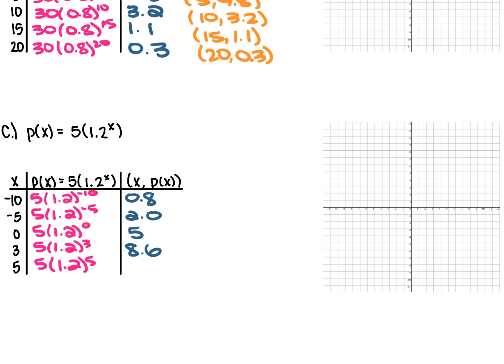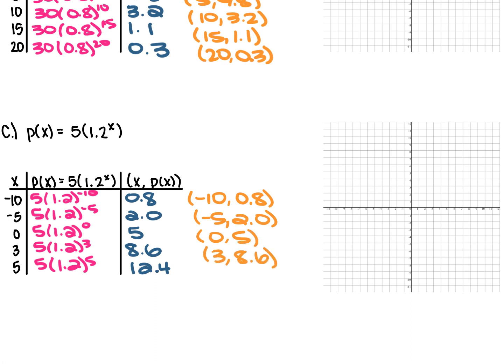And 5 times 1.2 to the 5th power is 12.4. So we have ordered pairs here of -10, 0.8, -5, 2.0, 0, 5, 3, 8.6, and 5, 12.4.